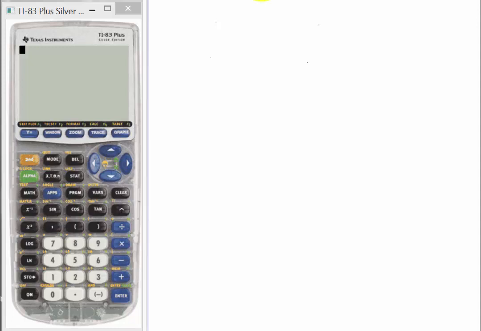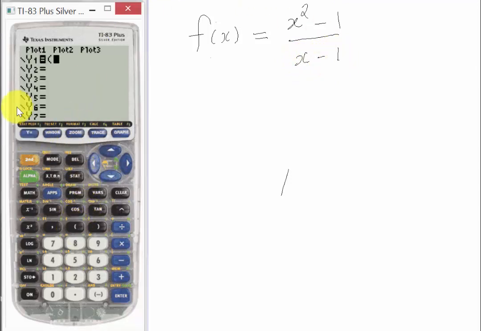Now, let's look at the graph of the function f of x, which is (x squared minus 1) over (x minus 1). In the calculator we go to y equals and enter the formula, x squared minus 1 divided by x minus 1.